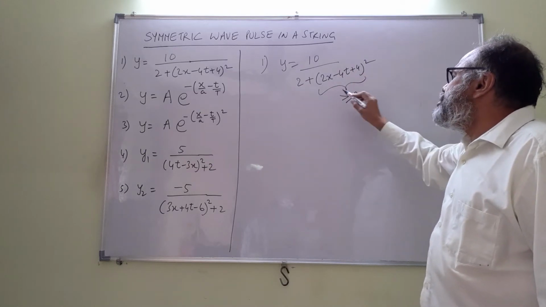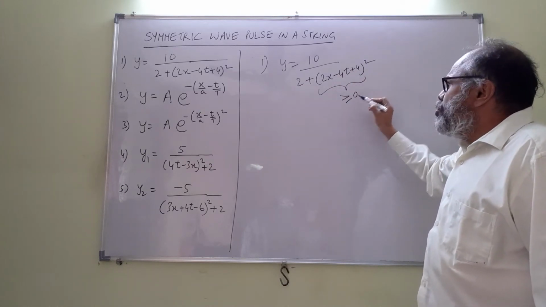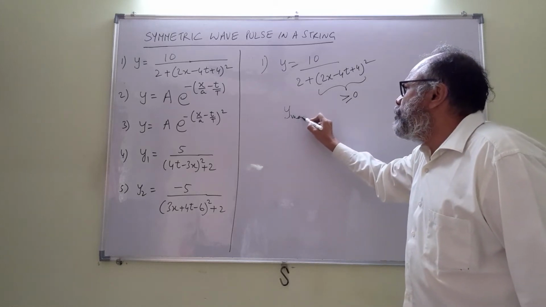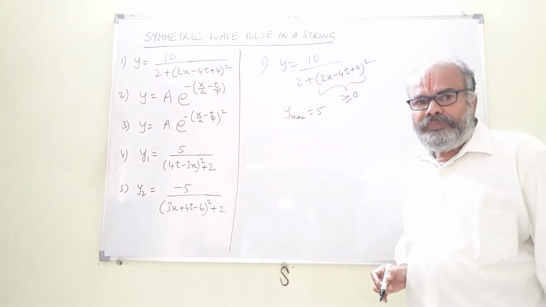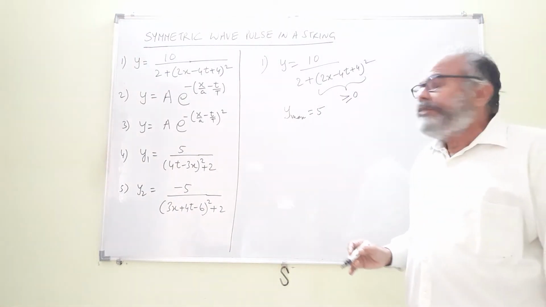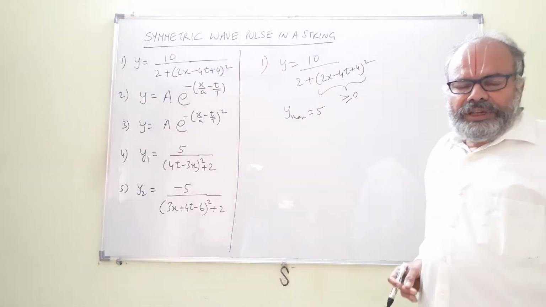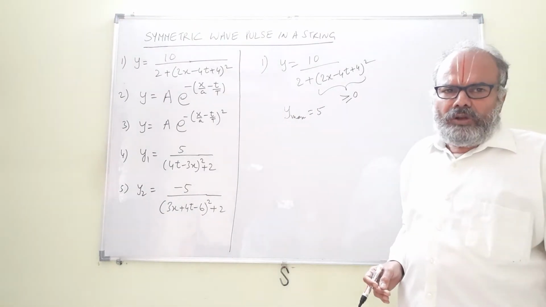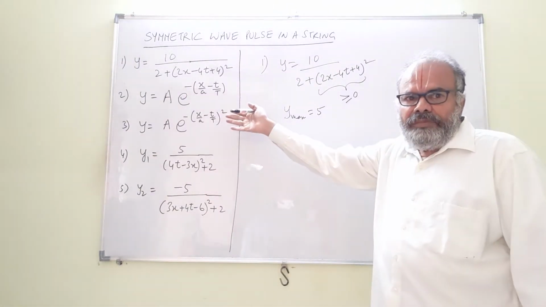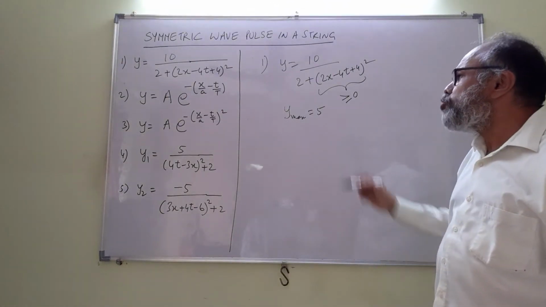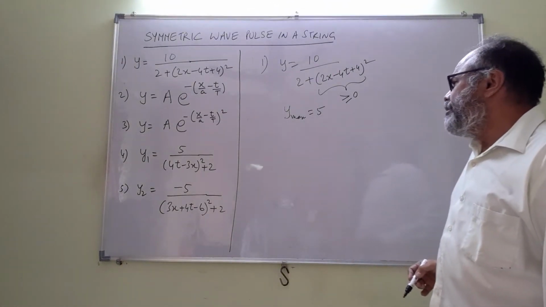The minimum value this can take is 0. So y max is 5. Because there is a local maximum, we say that we can check for symmetry. If there is no local maxima or minima, then there will not be any symmetry, as we shall see in the other examples. So y max is 5.